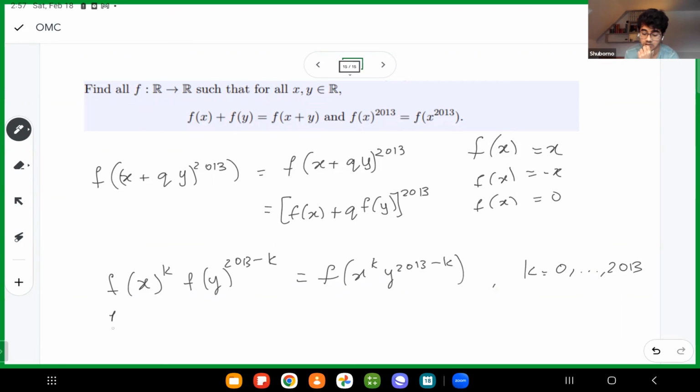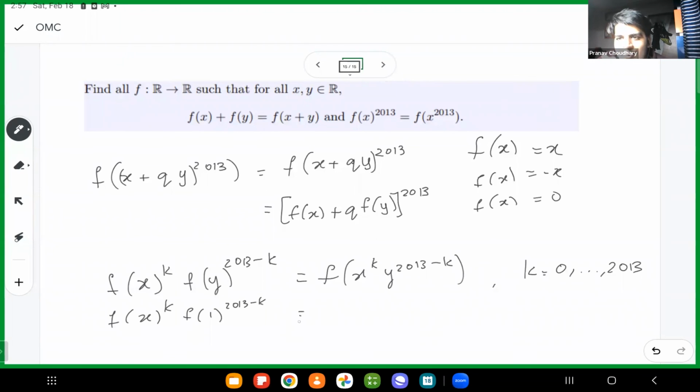So what is f of 1, by the way? It has 2013 possibilities, no? Like any root of 2013. We are working with reals.